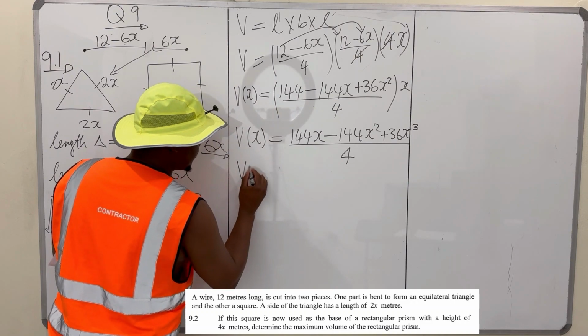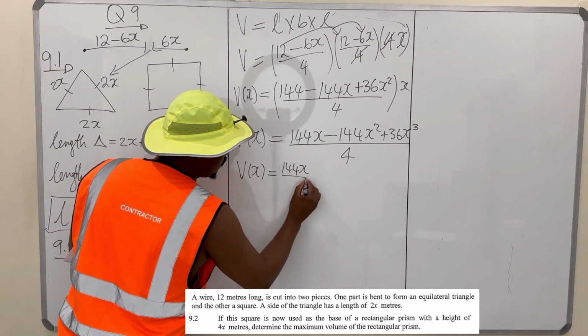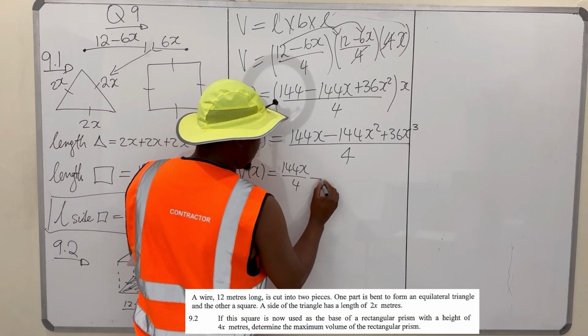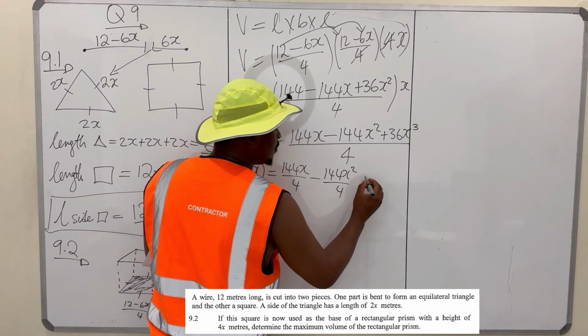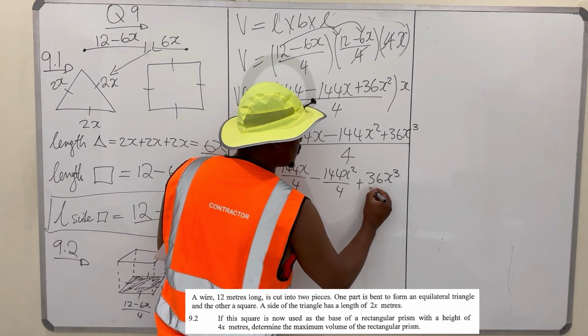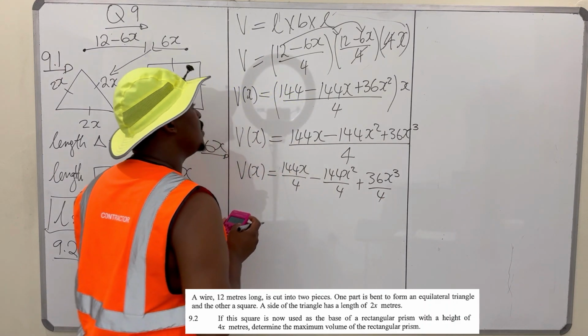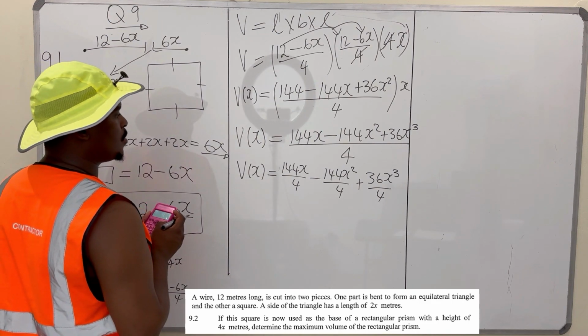So V as a function of x equals 144x over 4 minus 144x squared over 4 plus 36x cubed over 4. That is what we have, right? No problem.